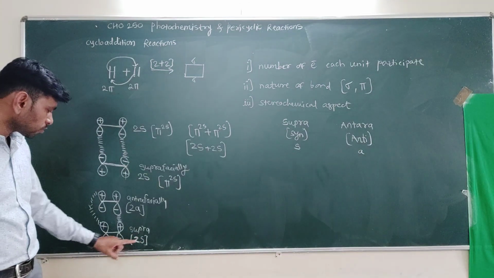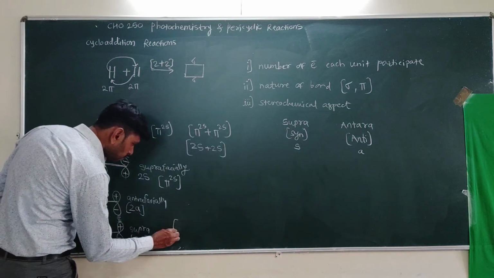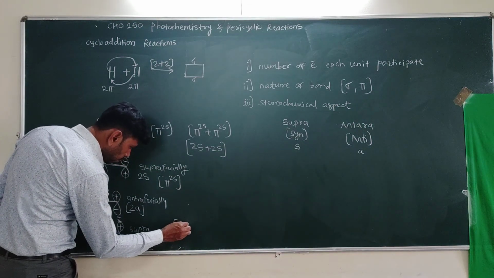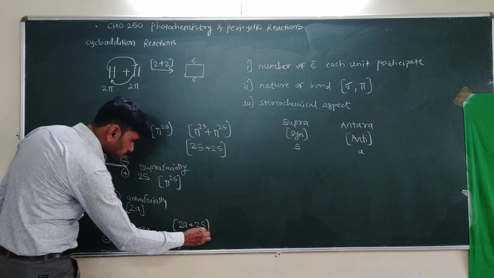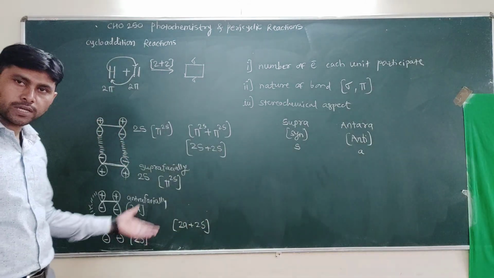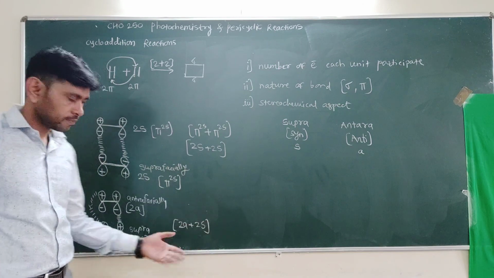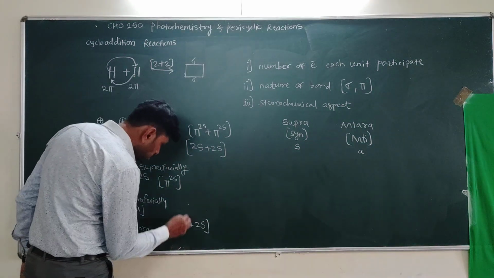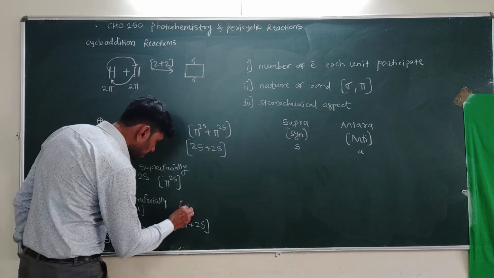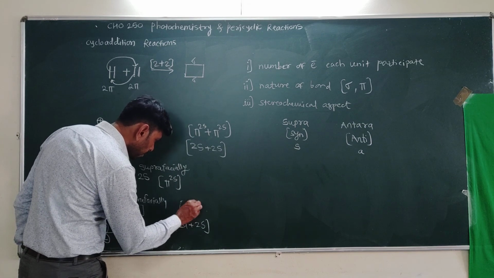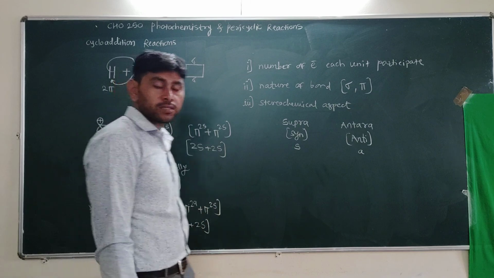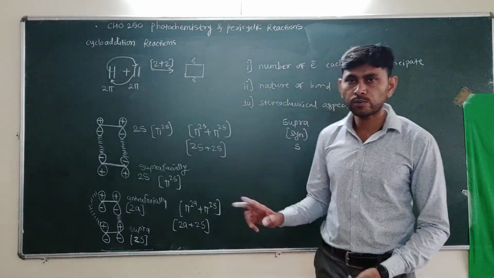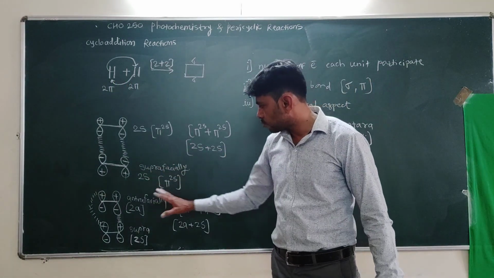So this system is 2a plus 2s, or you can write 2s plus 2a, or it may be written in this manner, pi 2a plus pi 2s system. So in this case, antarafacial, suprafacial.